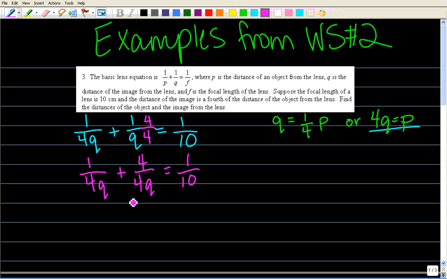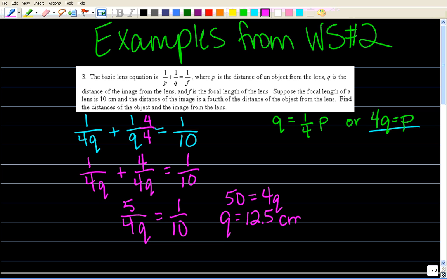Then 4 plus 1 is 5, so we have 5 over 4q equals 1 over 10. And then if we cross multiply, we'll get 50 equals 4q, and when I divide both sides by 4, I'll get that q equals 12.5 centimeters.